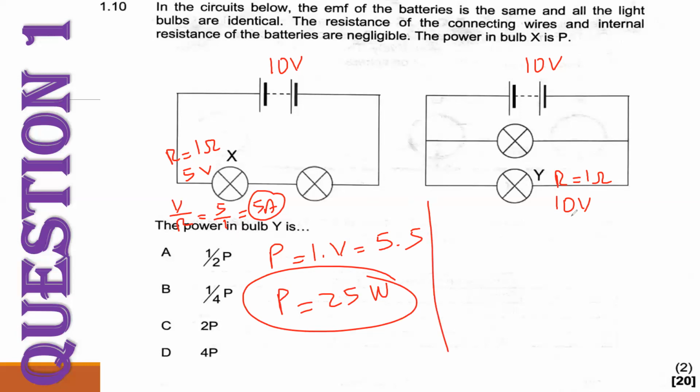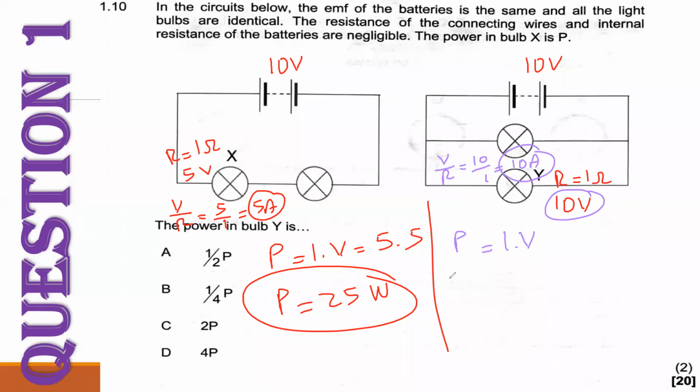For this side, what's our current? Let's use Ohm's law, V over R, 10 over 1. Current is 10A. So current we know, voltage we know. We can calculate PY, current times voltage. Let's write the formula P equals IV one more time.